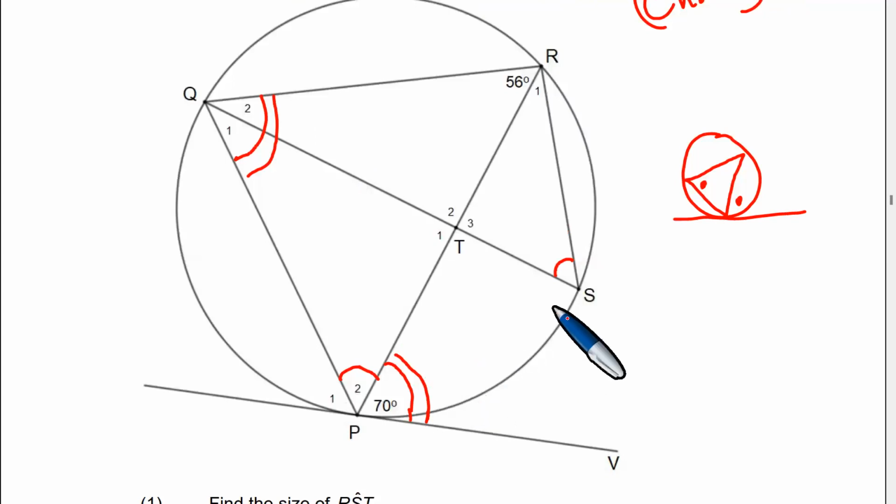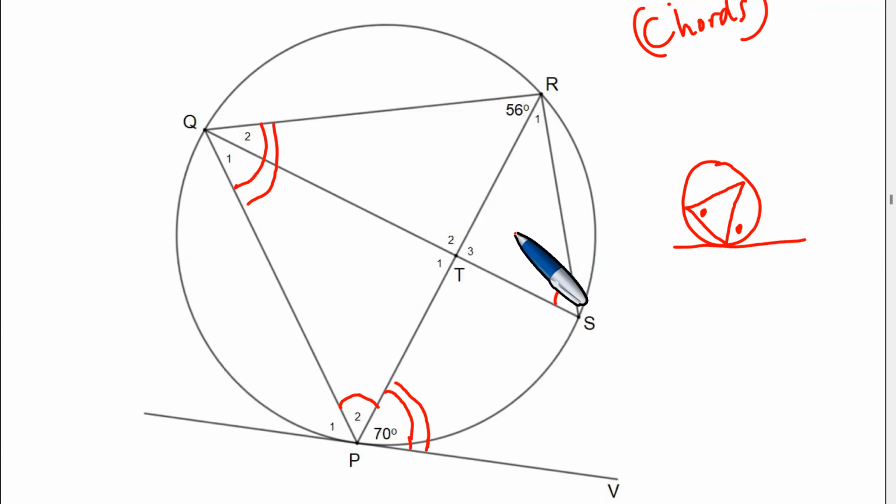Why is this angle equal to that one? Because of the tangent-chord theorem. We are going to be looking at riders next, and riders mean business, because now you have too many lines that intersect, and you need to know the theorems very well. If there is an angle between a tangent to a circle and a chord, it always equals the angle subtended by the chord that makes that angle. This chord, the chord PR, which the examiner said is a straight line, subtends the angle Q at the circumference of the circle.